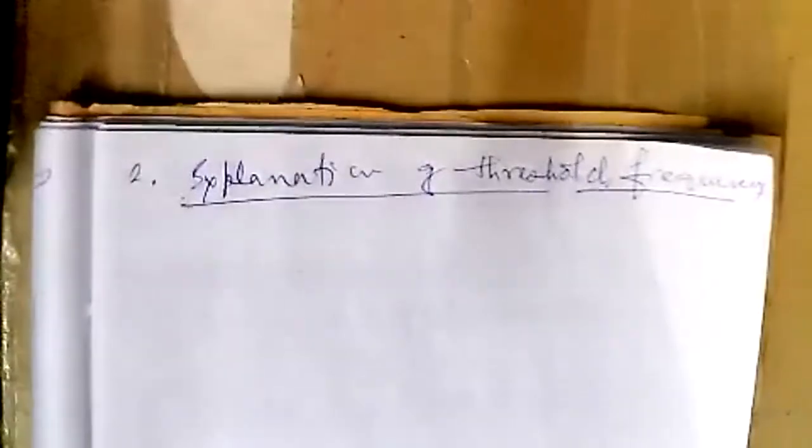This threshold frequency, why the threshold frequency will be there, that cannot be explained on the basis of classical theory.